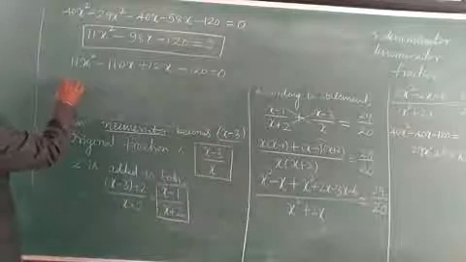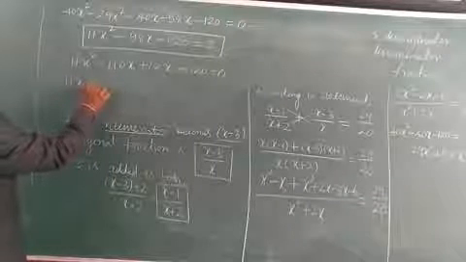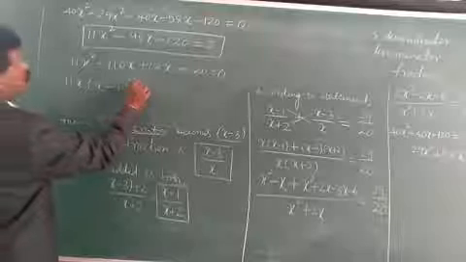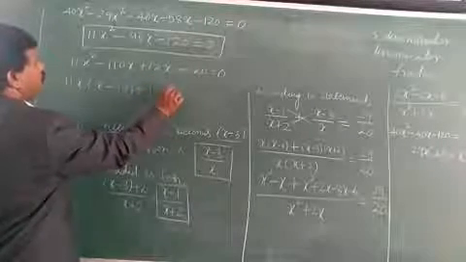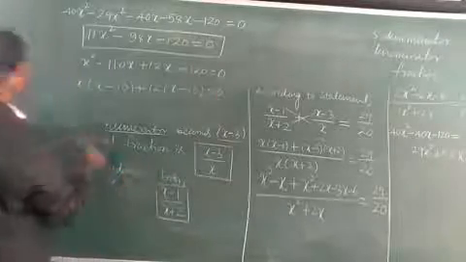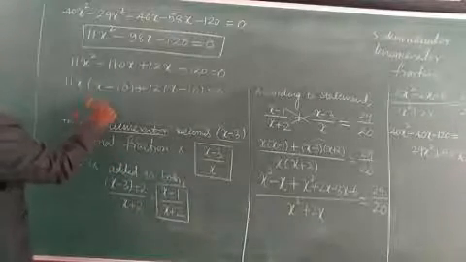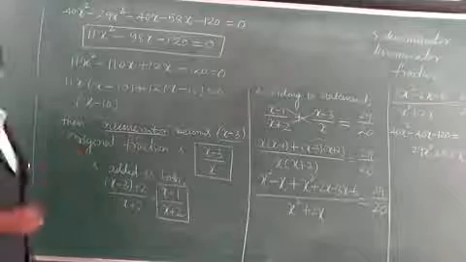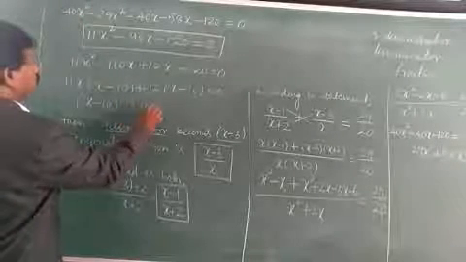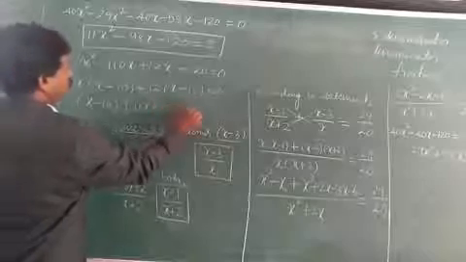Now 11x common, x minus 10, plus 12 common, x minus 10 equals 0. Now x minus 10 into 11x plus 12 equals 0.